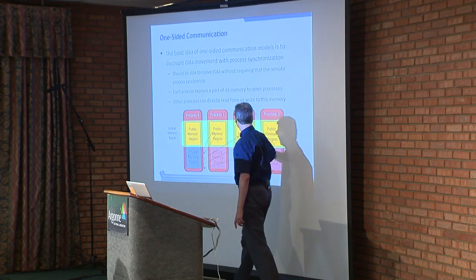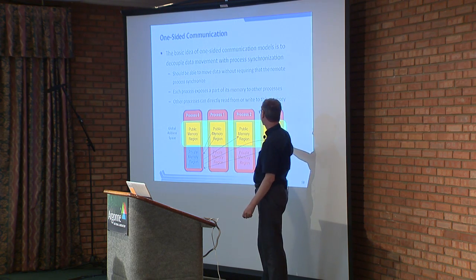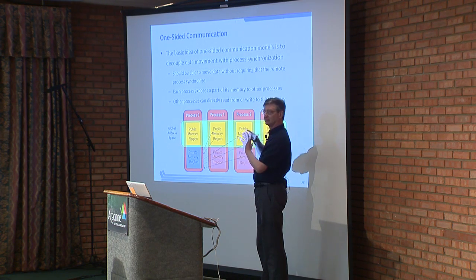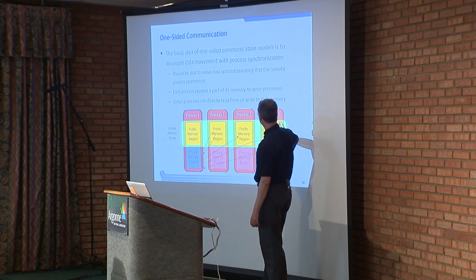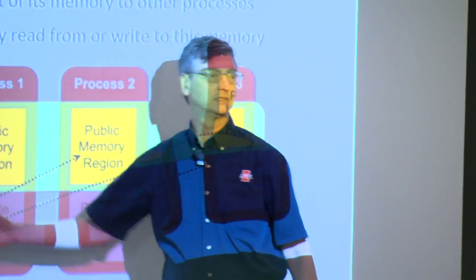So it might be able to send a tiny little message to the hardware on the node that's running process 3 that says, I need a certain part of the memory region that's in the public memory region, and that gets sent back, and it can get dropped into the location designated by the call on process 0. So one key thing here is that in terms of specifying the data motion, it's all done by one process. This is why it's called one-sided.